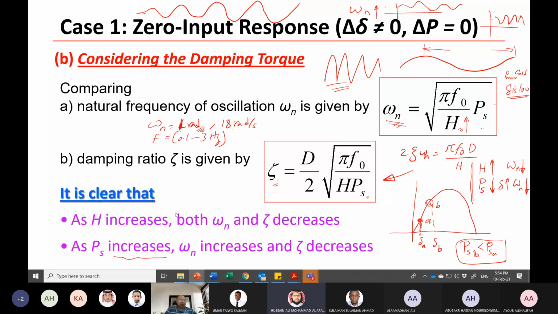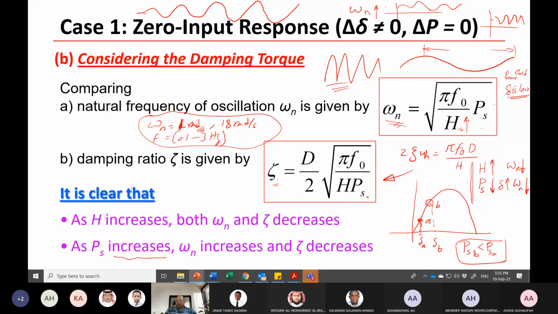Okay, so this is a good question. Omega n, we need to identify it, although it doesn't give us any indication about the stability. We need to identify how much the omega n of the system is, if we have any oscillation or any disturbance. Why do we need this piece of information?